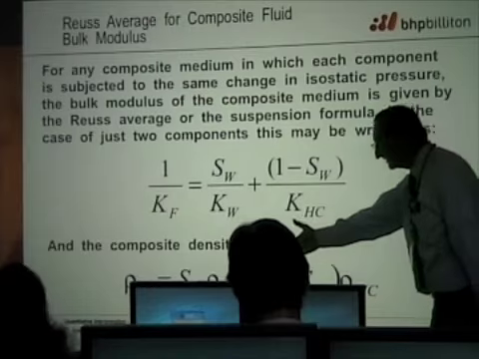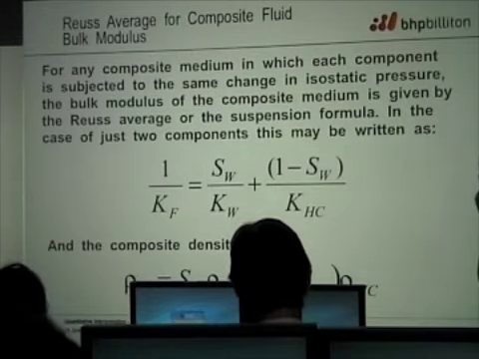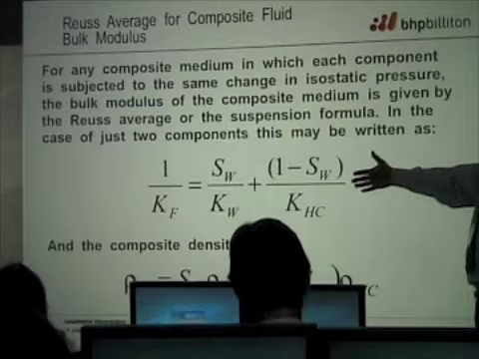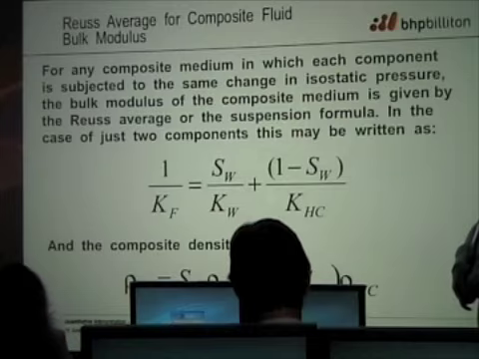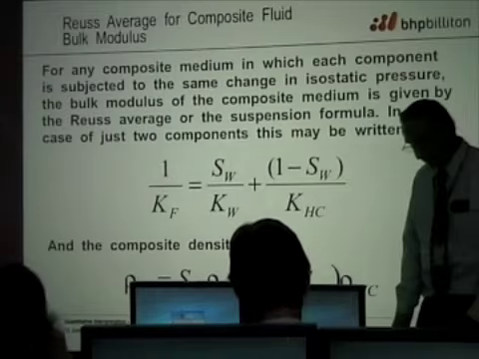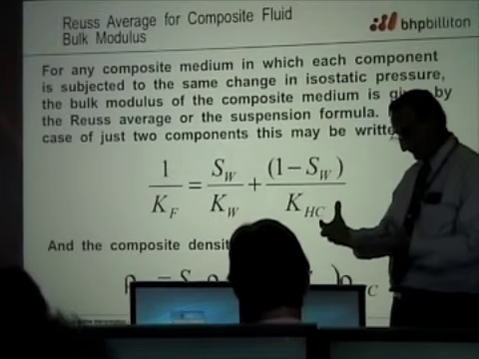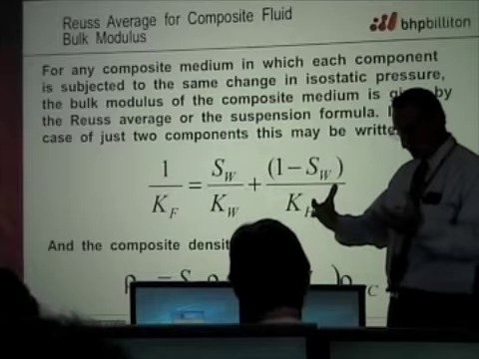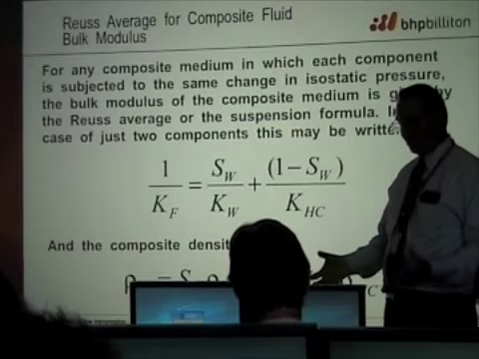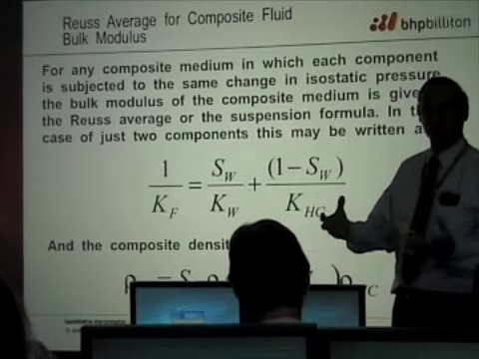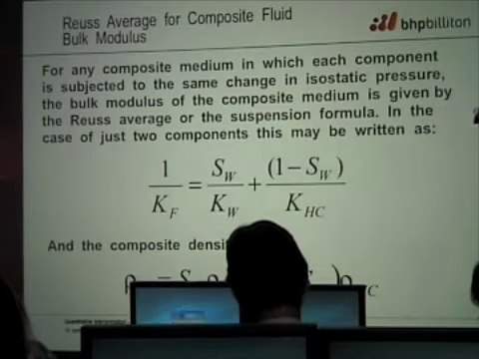And the composite density, of course, is just linear. So this is, whatever, springs in parallel, not in series. And so that's the way that works. You can easily convince yourself of that if you just consider what happens to the separate components that are subjected to the same stress.